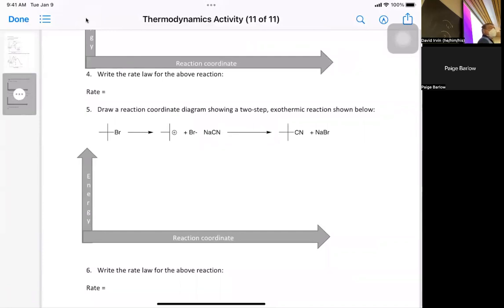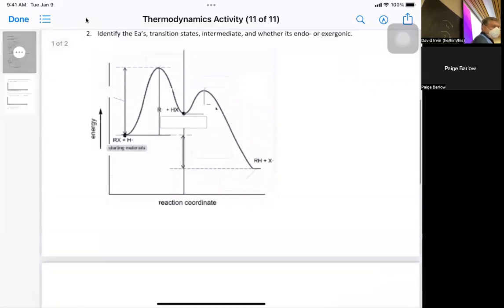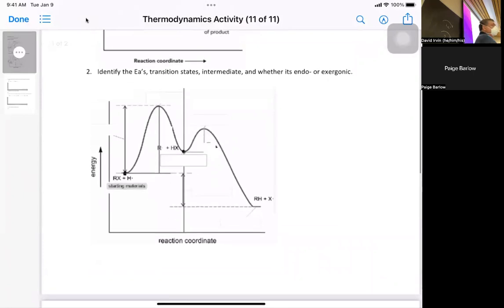So you need to make sure you understand which rate law goes with which diagram. That's why I want you to draw it out and write those down. On this one, tell me whether it's exergonic or endergonic. Make sure you ask questions on the activity. Again, use your notes.